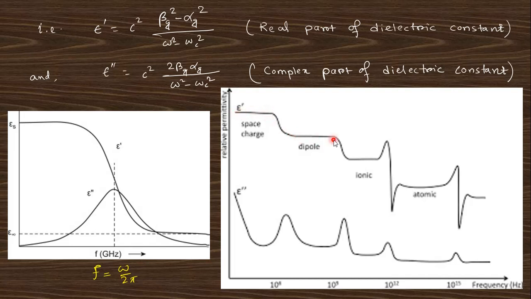When the dipole arrangement is effective, then these fall down. When the ionic arrangement is effective, these fall down again, and then the atomic structure will be like that. Okay, so this is the real part of the dielectric constant, and this complex part will be like that. Where this change is happening, a peak arises.